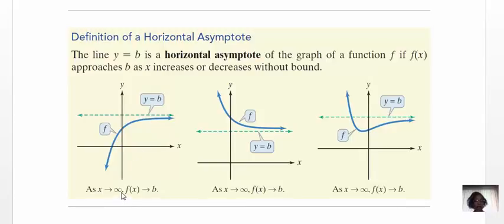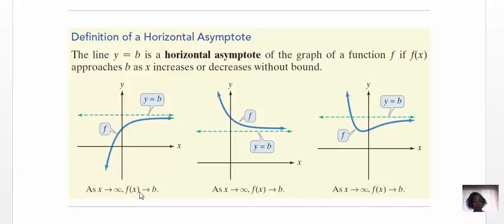If you have a horizontal asymptote, as x moves indefinitely to the right, that means as x goes to infinity, your y, your f of x, will move to a constant value b. And remember, the line y equals b is the line which is horizontal, which means all the points on that line have the same y coordinate. The x's change, but the y's do not.